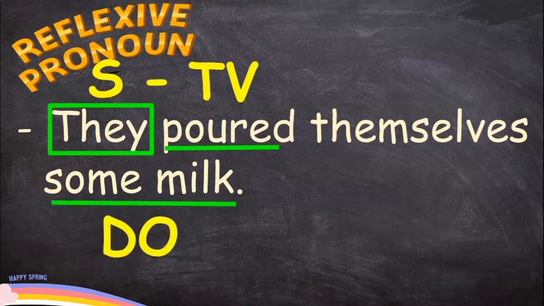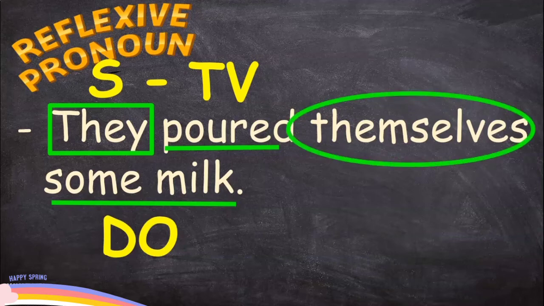That's your direct object. For whom did they pour the milk? For themselves. That is indirect object. In this example, the reflexive pronoun themselves is acting as an indirect object. So your sentence pattern is S, T, V, I, O, and D, O.